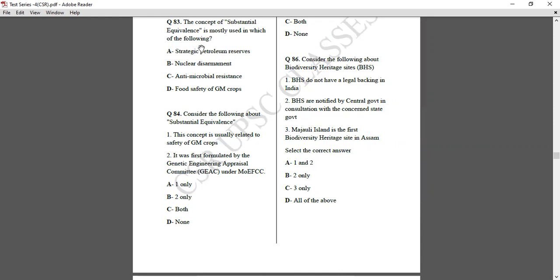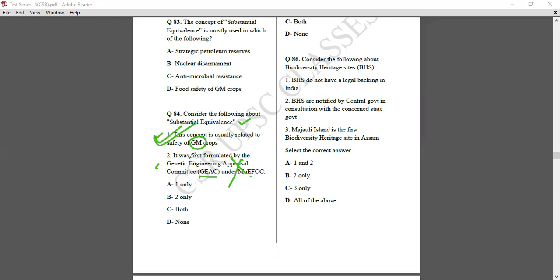If you know half the information about substantial equivalence, most aspirants will go with 1 and 2. Yes, because GM crop safety we all know, plus the highest apex level approval of any GM crops we get from GEAC under the Ministry of Environment. So we may think this is the committee which formulated it, but it is a wrong statement.